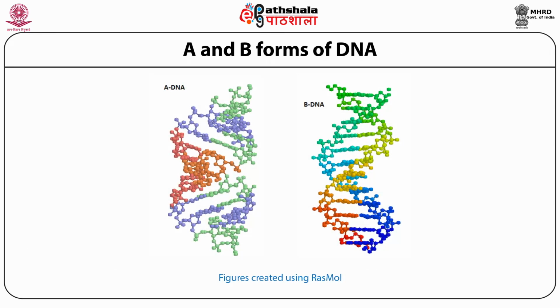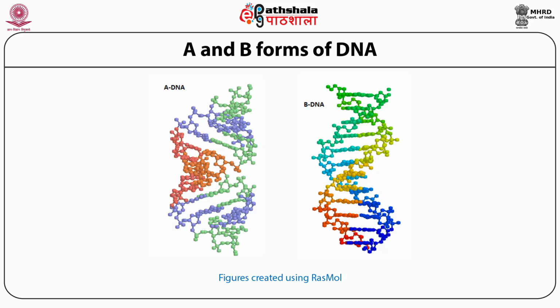We show in this picture A and B forms of DNA. The pictures are drawn using Rasmol, and what we can see is the B form is a very curvature based form.